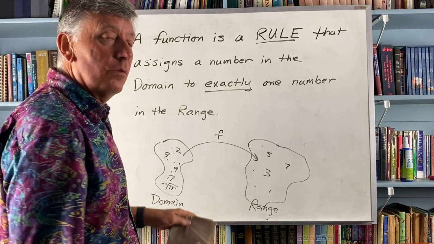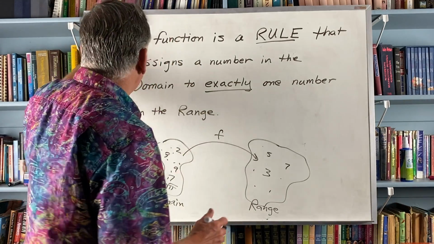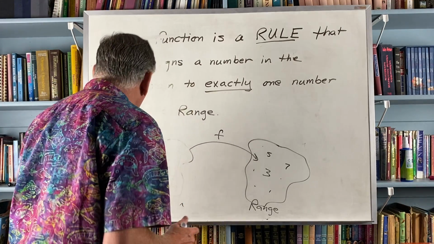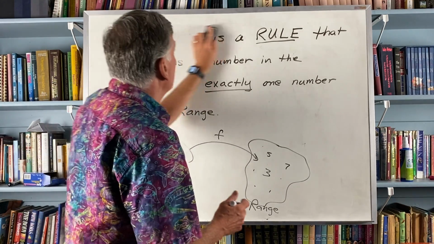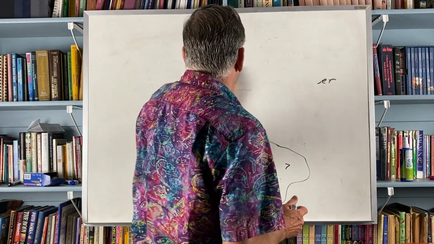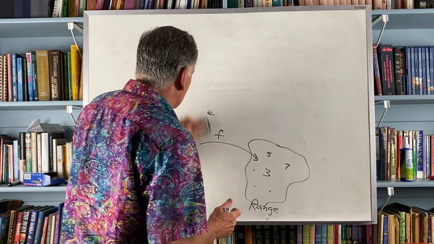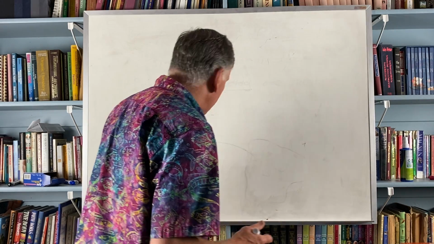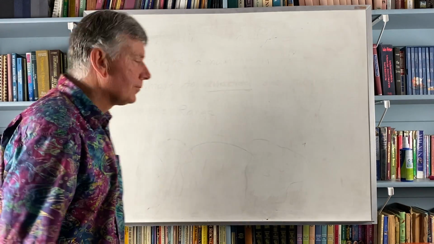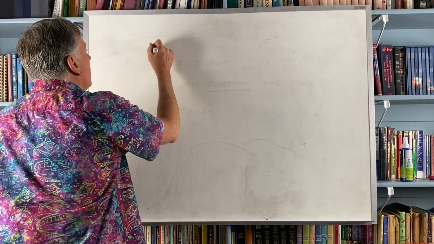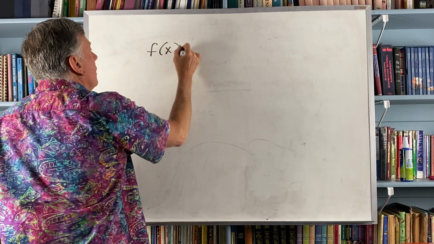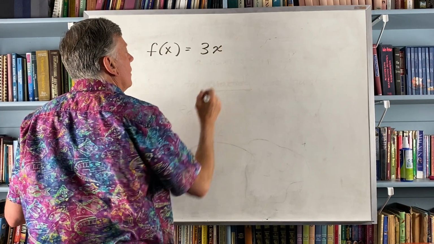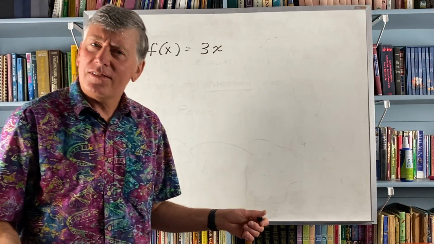And so let's go now. I'm going to get a different eraser, because it's time for an example. F of x is equal to 3x. This is a simple one.